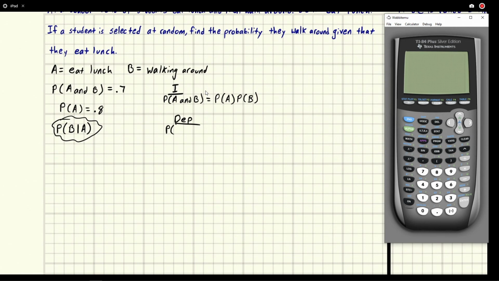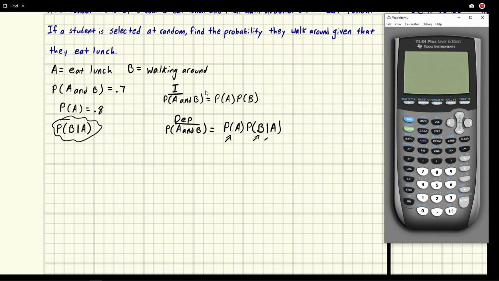So we say A and B in this case, when they're dependent, is equal to the probability of A times the probability of, now there'd be a dependency, right? So we'll account for that here, B given A. So we're saying that, hey, that's the probability of A, but if B depends on A, well then that's accounted for here.